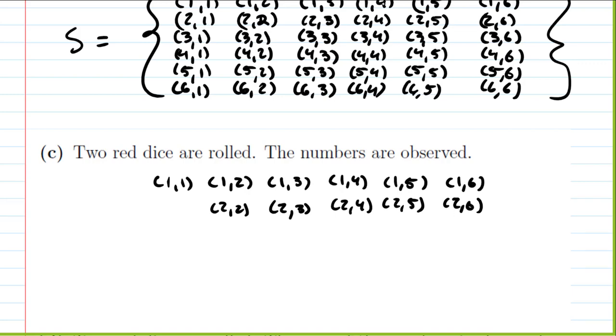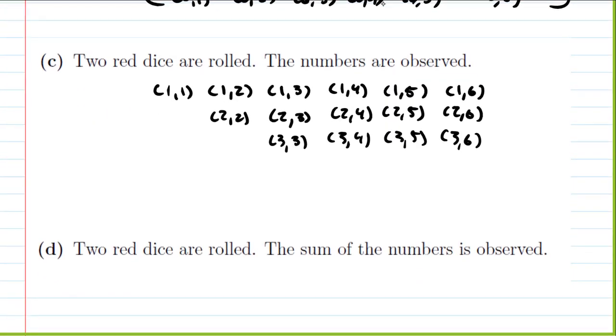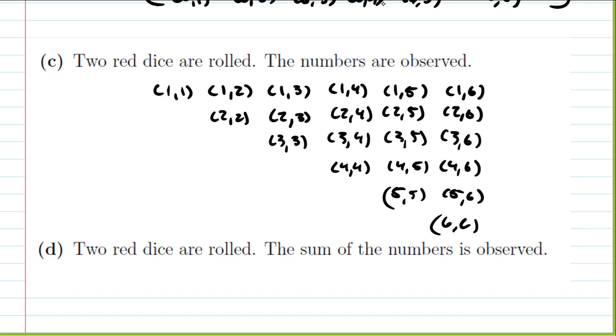But then 2,2 through 2,6 would match all of these ones that were in this row before, right? And so we don't need any of those again. So then our next row would start at 3,3; 3,4; 3,5; 3,6. Similarly, we would have 4,4; 4,5; 4,6; 5,5; 5,6; and 6,6, right?